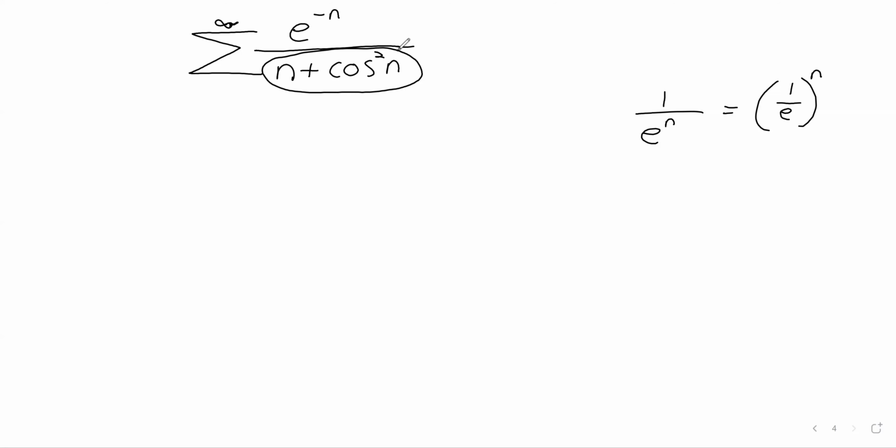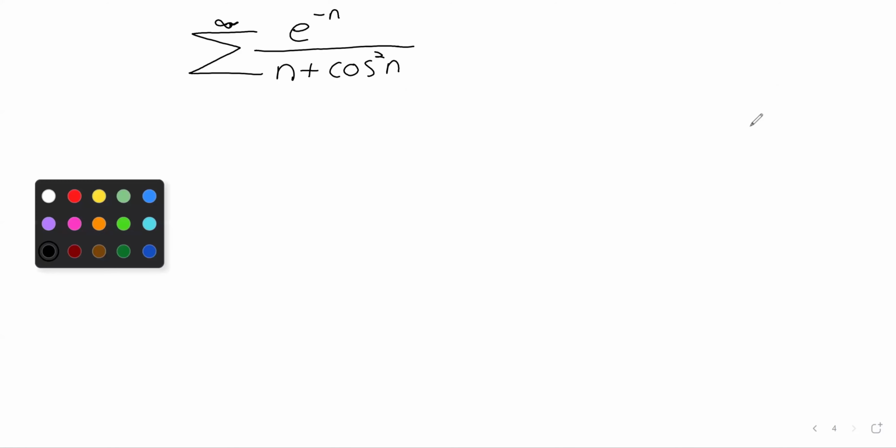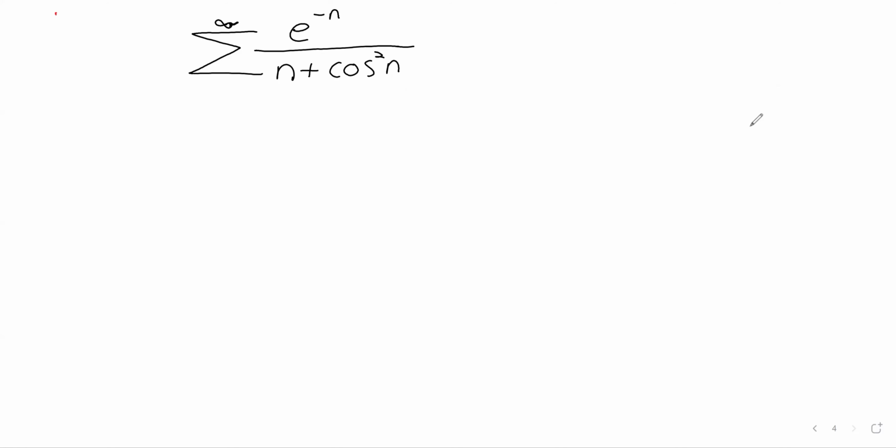And once we've come to that guess, or guess is underselling it, maybe. It's a pretty firm argument, but let's see if we can make it really firm using the comparison test.